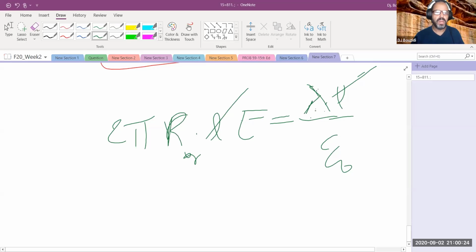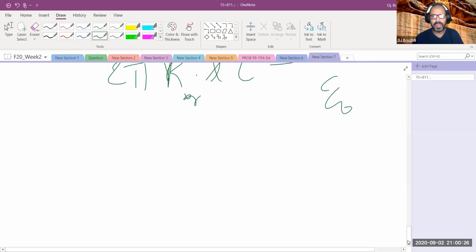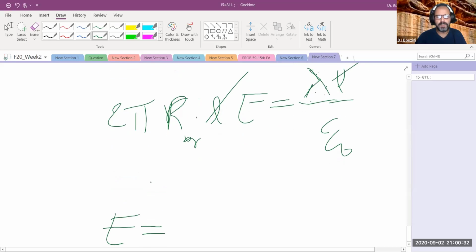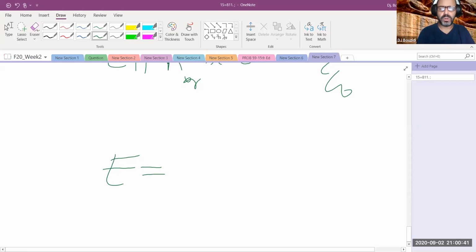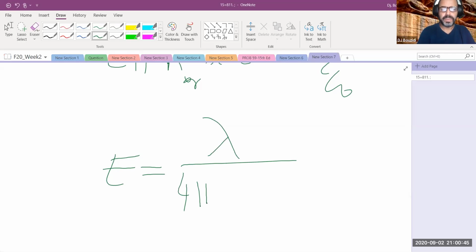Now, the electric field, we know its value. The electric field E, in this case, is going to be equal to lambda divided by 2 pi epsilon naught times r orbit, as long as we are on that orbit, because the charge is supposed to be on that orbit. So it's lambda divided by 4 pi epsilon naught times r orbit.